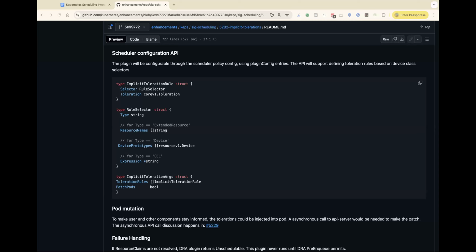My understanding is we do not know for sure which devices would be allocated at that point. So the scheduler is the only place where we get all that information.